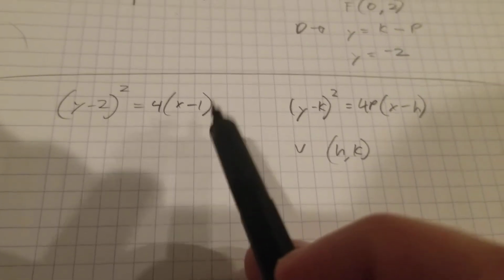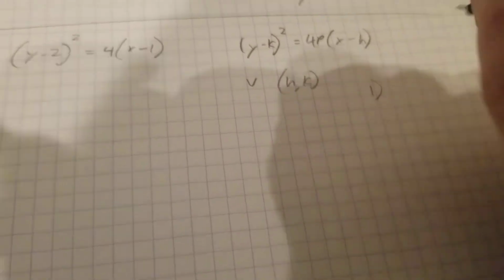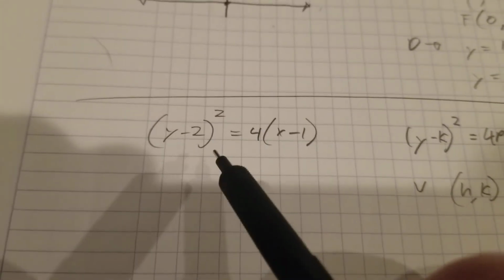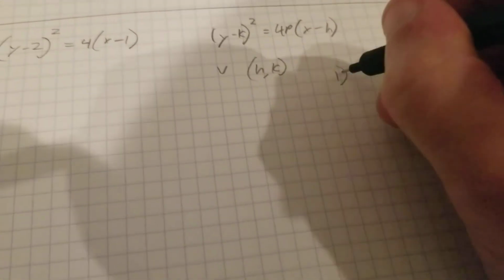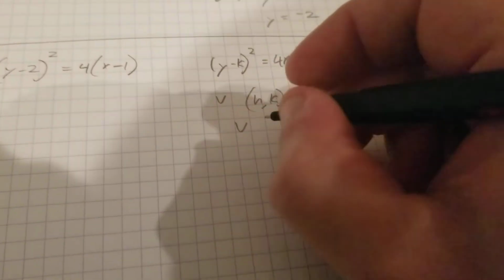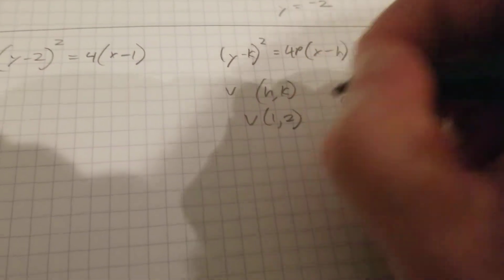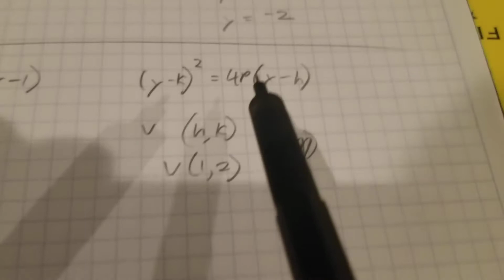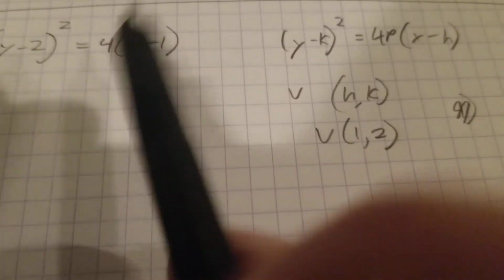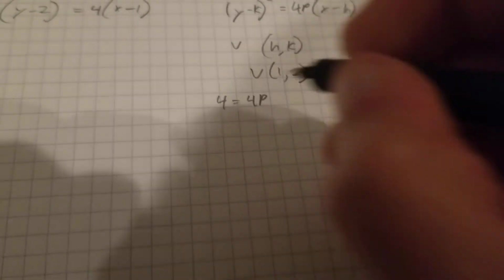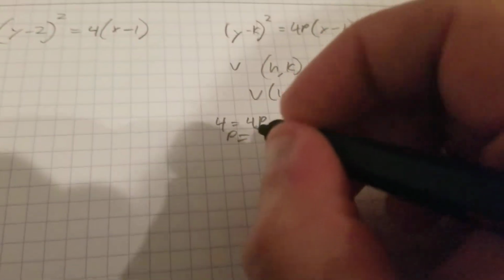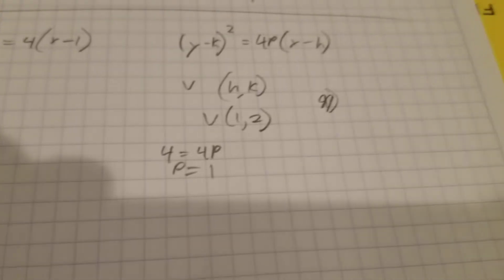So if we look, h is going to be 1, and k is going to be 2. So our vertex is 1, comma 2. Then we need to find p. We set 4 equal to 4p, and we divide each side by 4, and p equals 1.